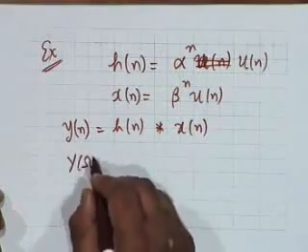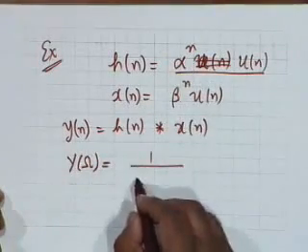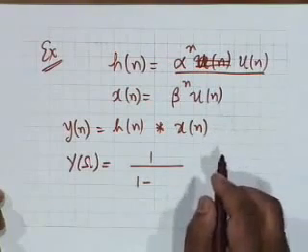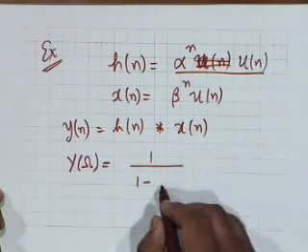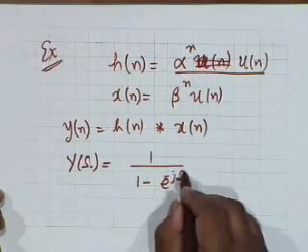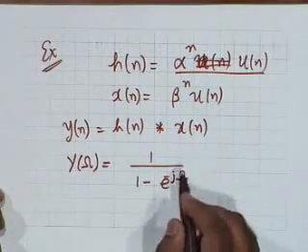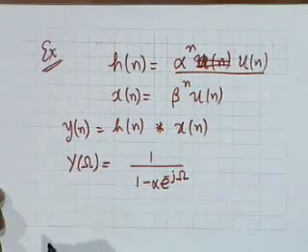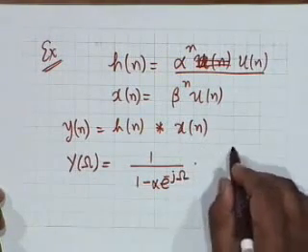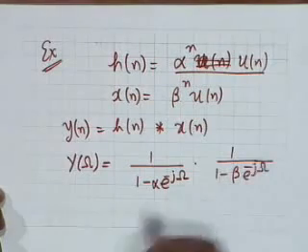Then capital Y of omega, obviously we know the Fourier transform of this. It is 1 divided by 1 minus alpha e to the minus j omega, multiplied by 1 minus beta e to the minus j omega.